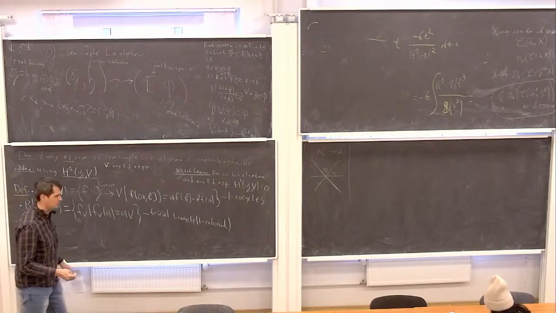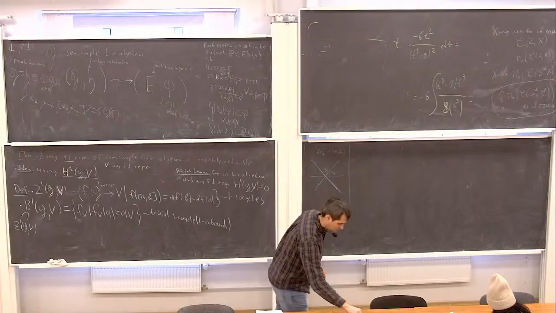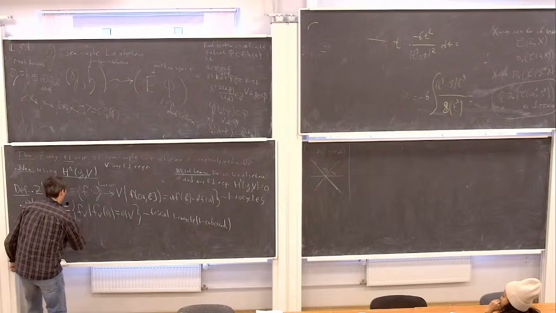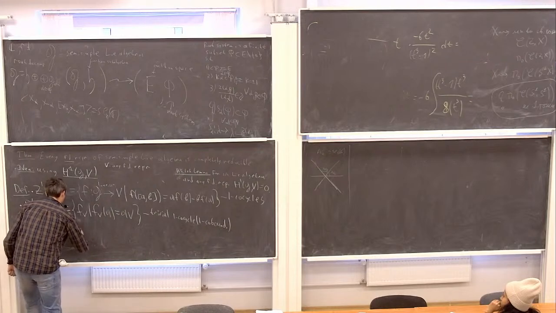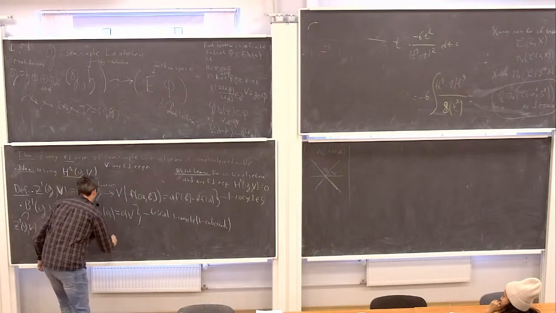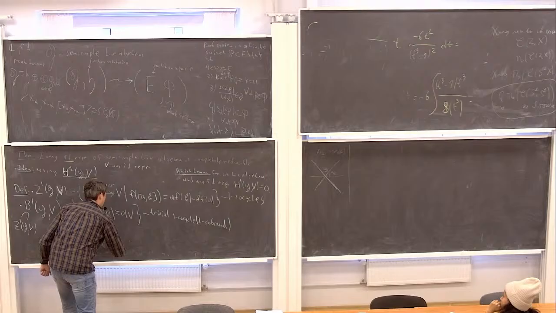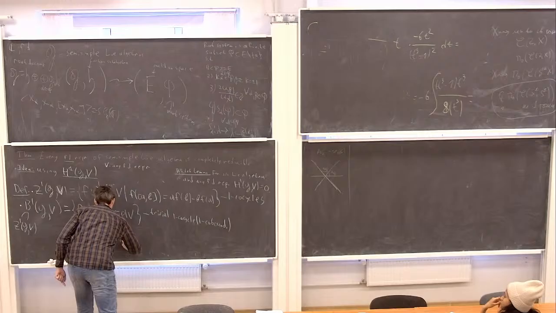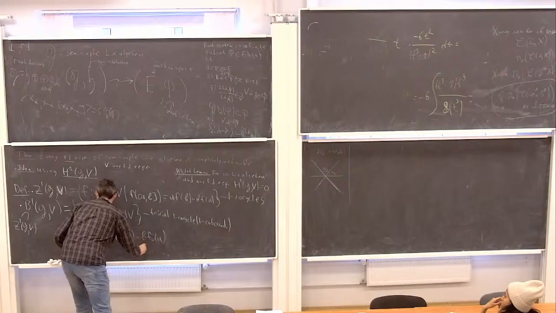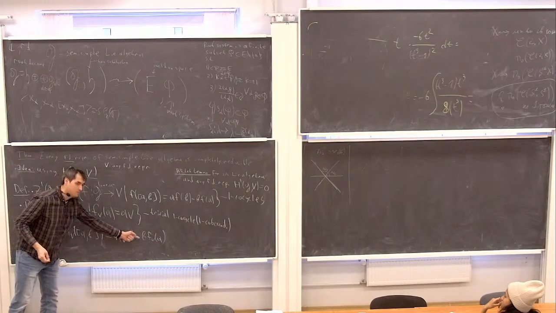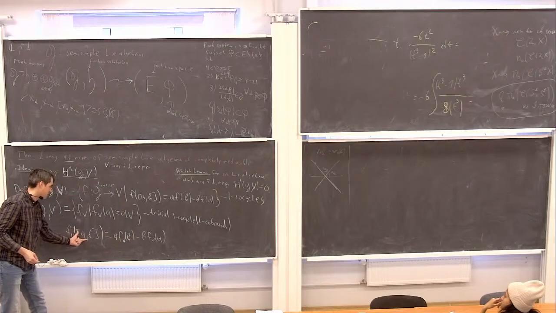I need to check that F_v of AB is equal to A F_v(B) minus B F_v(A). But it is just the definition of representation, right? Because this is ABv, this is BAv, and this is [A,B] acting on v.